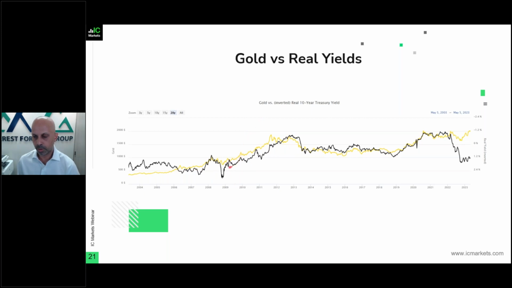Because your government bond yields are dropping in value, the real yield is falling in value when adjusted for inflation. And because of this macro environment, where you have real rates going from more positive to less positive, and finally to a negative yielding region, this is when the price of gold rises very rapidly.